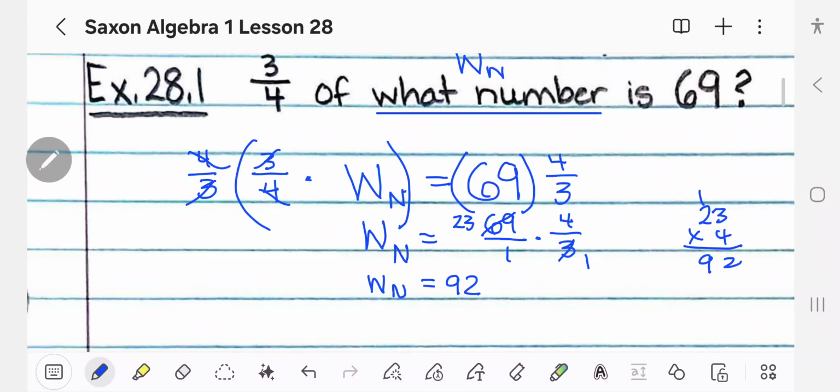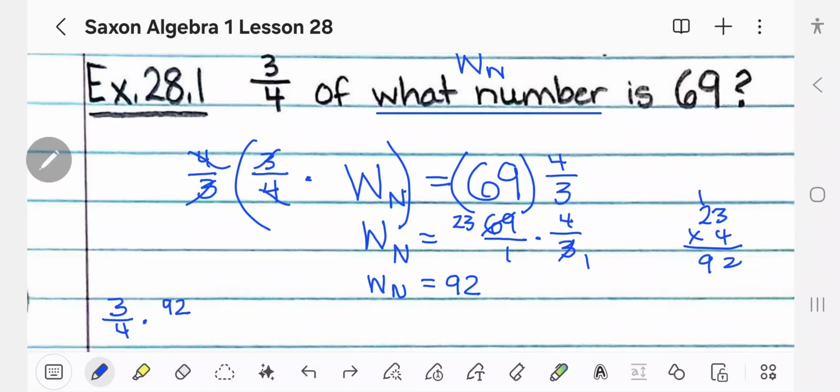Now I want to show you something else. They don't show this in the lesson, but you've probably had this before. Let's check it. 3/4 of 92. If you're finding a fraction of a number, which is what we have here, we're dividing by 4 and then multiplying by 3. So you can do that all in one step. Just put the 92 over 1 and then multiply.